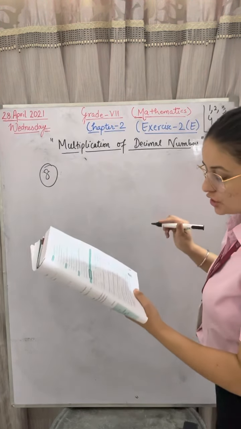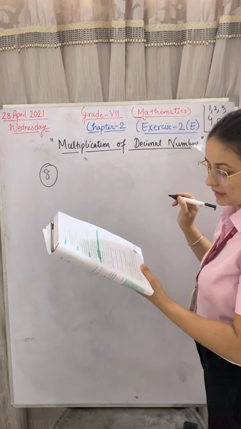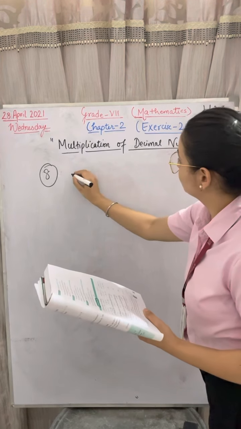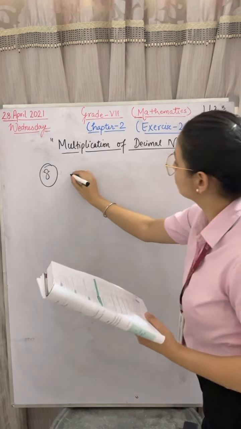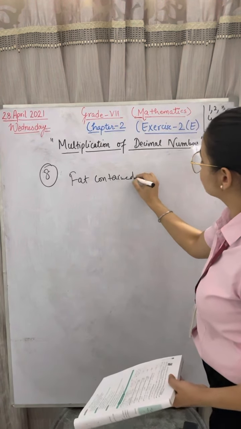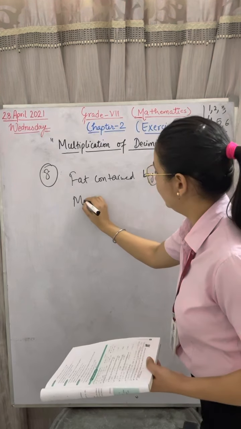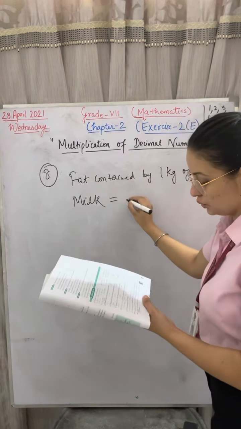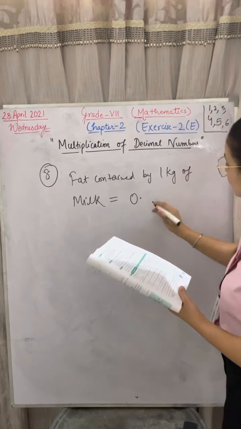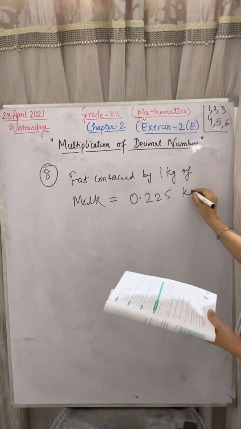Given that 1 kg of milk has 0.225 kg of fat. It means the fat contained by 1 kg of milk is equal to 0.225 kg.